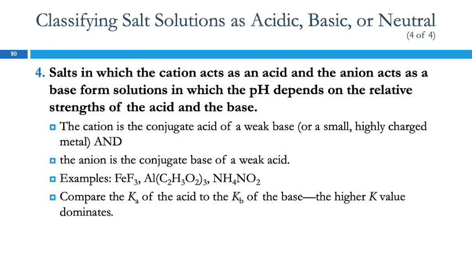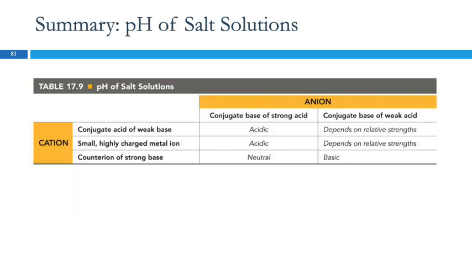The stronger one will win. So look at the Ka of the acid and the Kb of the base. The larger K value will dominate. So this summarizes all of that.